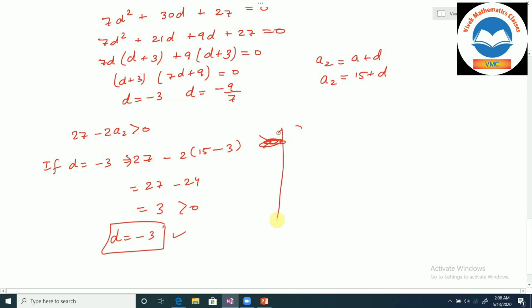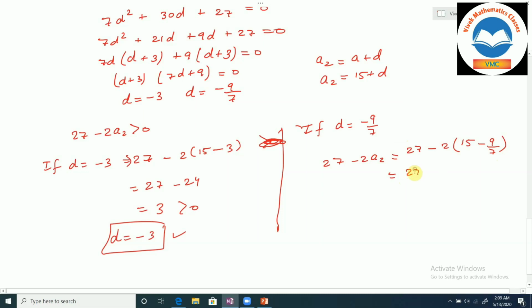Now we will check for d equal to minus 9 by 7. If d will be minus 9 by 7, then what will you get? 27 minus 2a2 will be equal to 27 minus 2 into 15 minus 9 by 7.